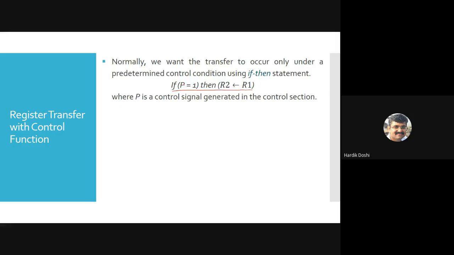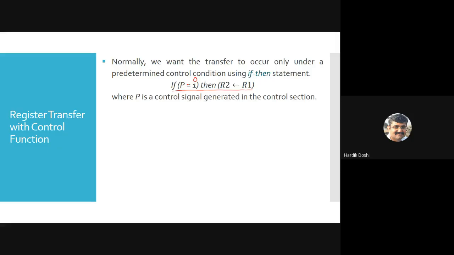Here we term P the control signal. Control signal means at time. The value of P will be either 0 or 1, nothing else, because it is binary, a Boolean function.